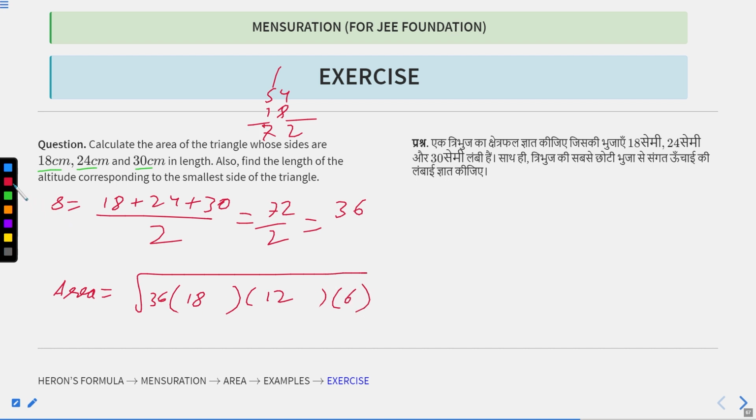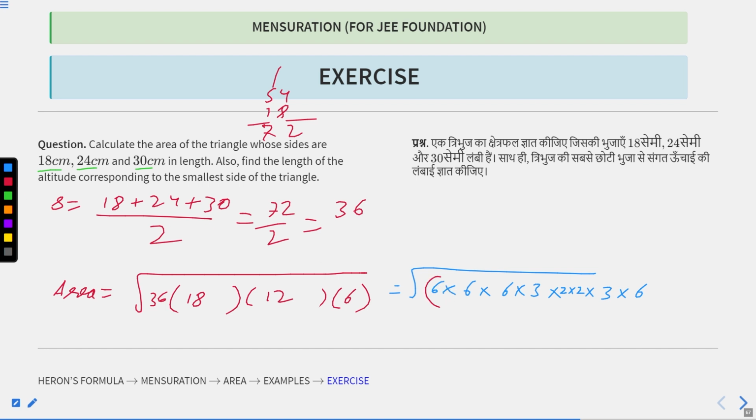Let's make some pairs to make our calculation easy. So I can rewrite 36 as 6 times 6, 18 as 6 times 3, 12 as 4 times 3, and 6 remains like this, and rewriting 4 as 2 times 2.